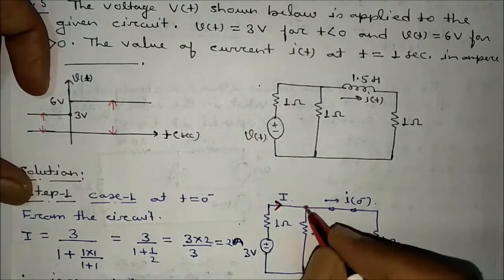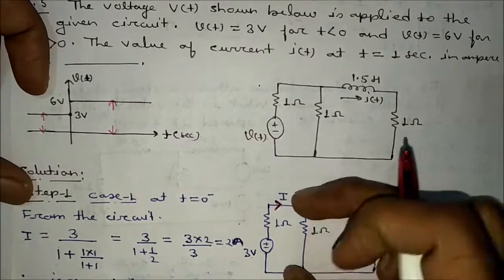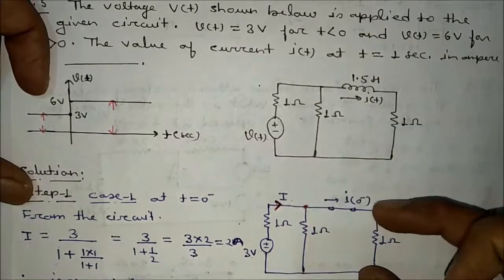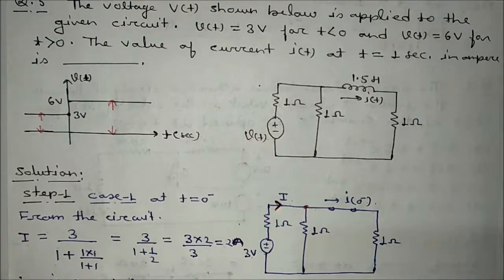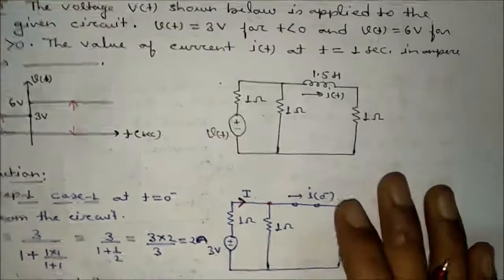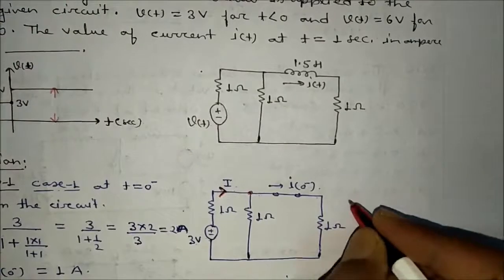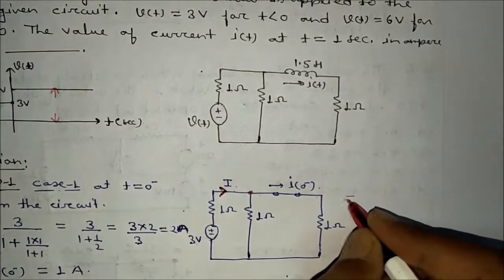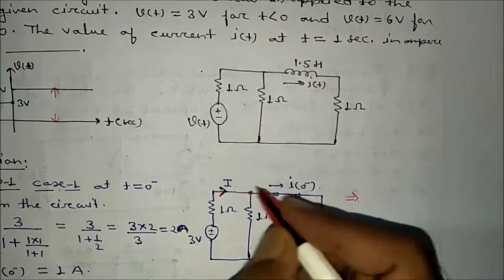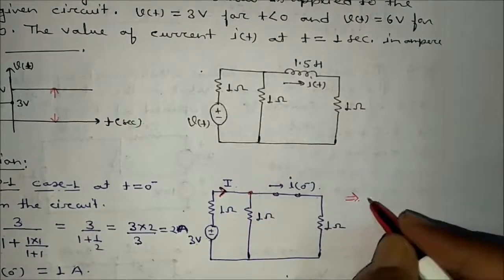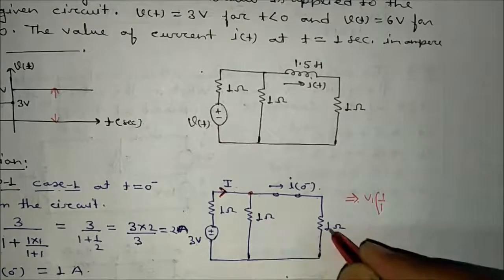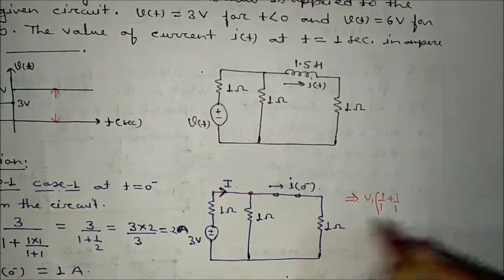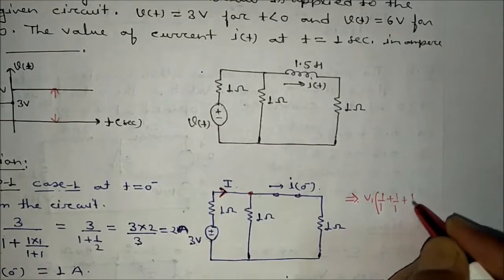Or you can write a nodal equation here. You find this voltage. This voltage will be the same as this voltage, and you will get the value of i(0 minus). See here, take this V1, so V1 by 1, 1 by 1, next 1 by 1.